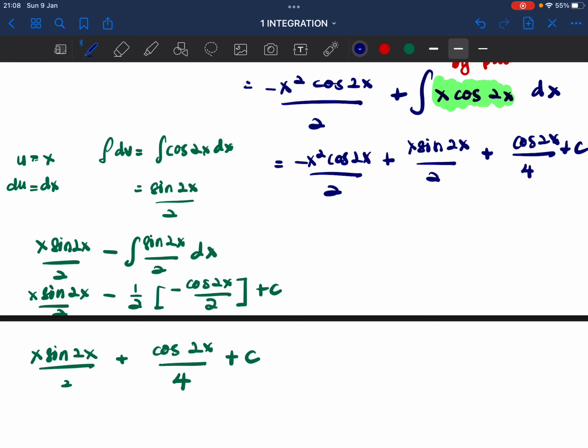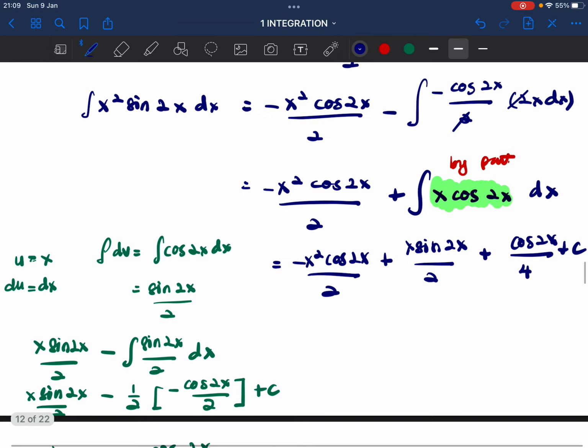Okay, is this the answer? Cos 2x over 4. So negative 1 over 2 x square cos 2x, plus 1 over 2 x sin 2x, plus cos 2x over 4, right? So that is your answer.